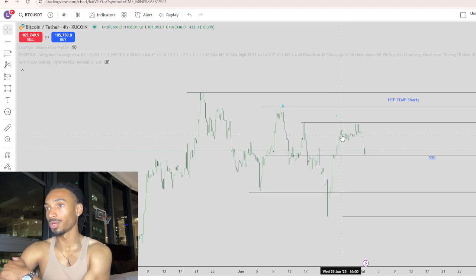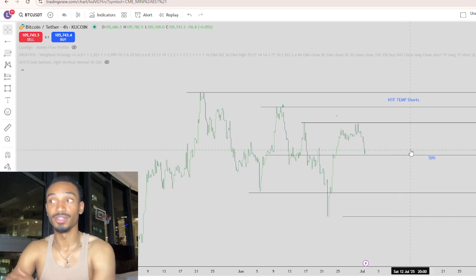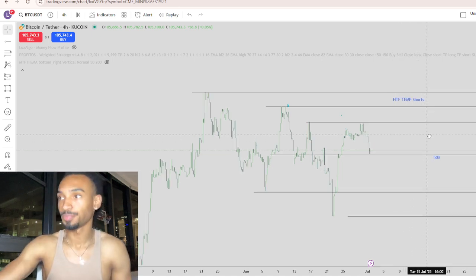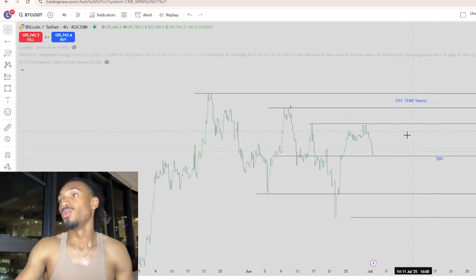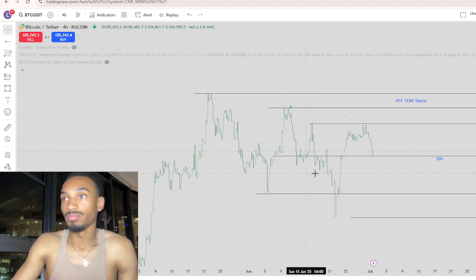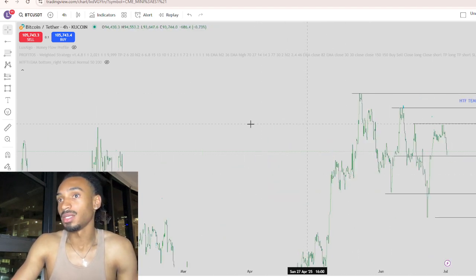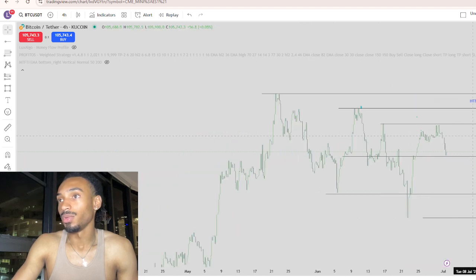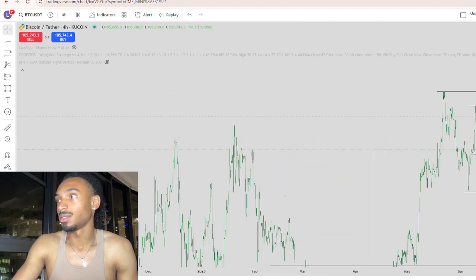For example, a long would work here, same as it would here. A short would work at the cross of these levels as well, you guys. That's another strategy that we shouldn't even get into. But what I'm looking for and what happens over and over, every day within the markets is exactly what we are seeing right here.